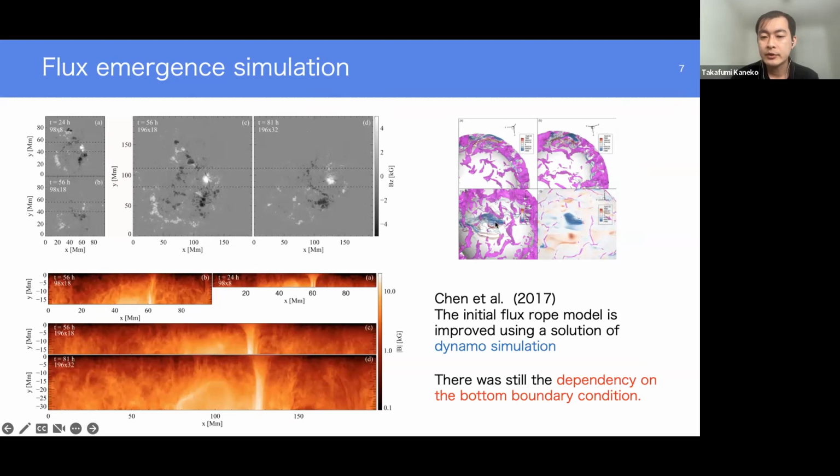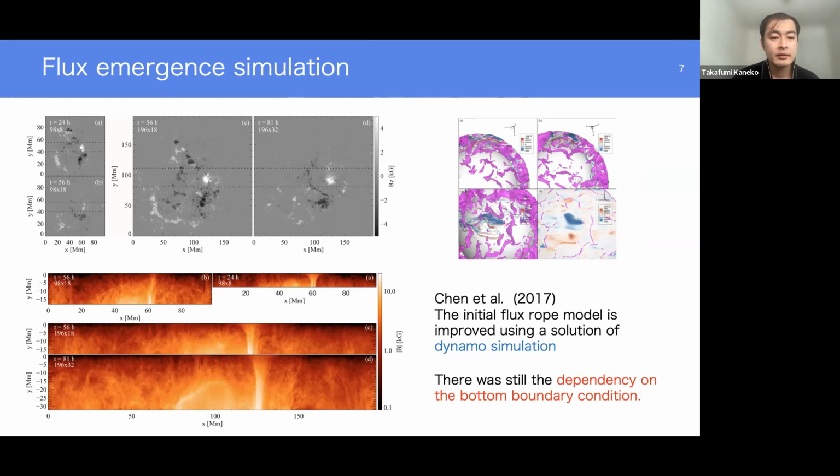Using the solution of the flux tube reproduced in the dynamo simulation, which is actually a kind of realistic flux model, they then performed the local box simulation of the flux transport. Using the realistic initial flux model, they successfully reproduced the realistic, complicated magnetic distribution in the photosphere.